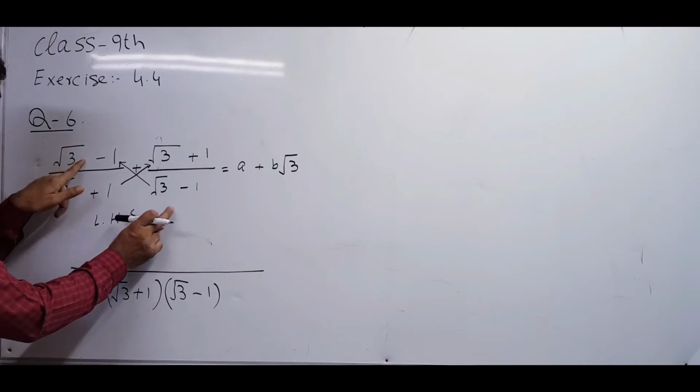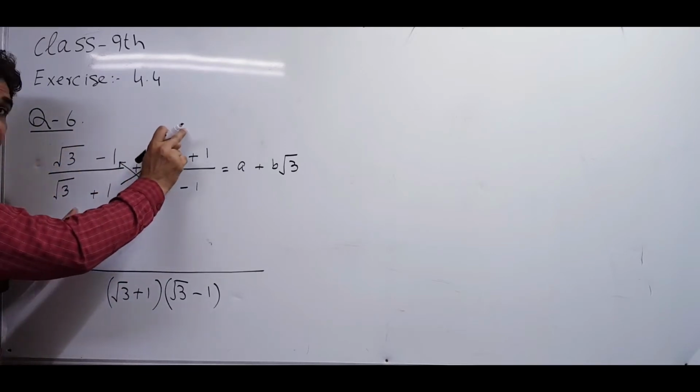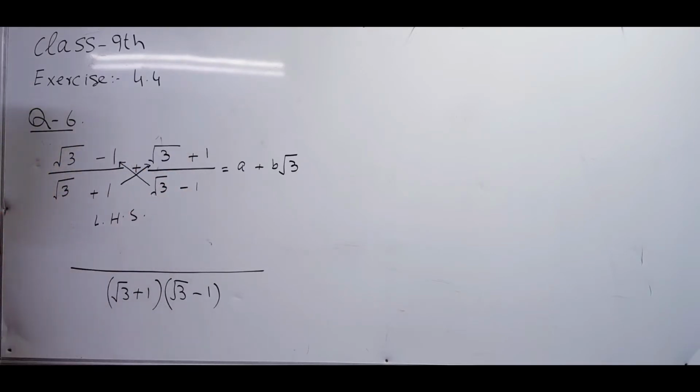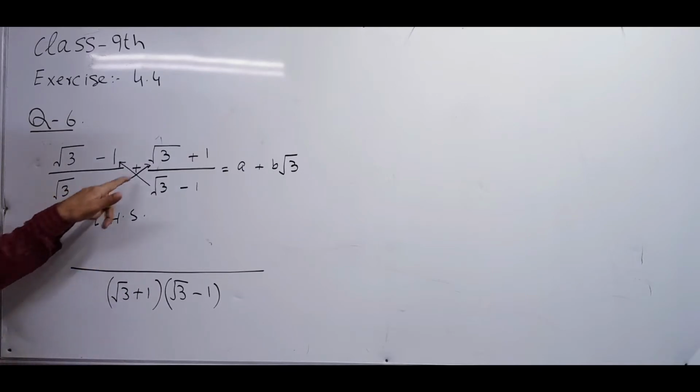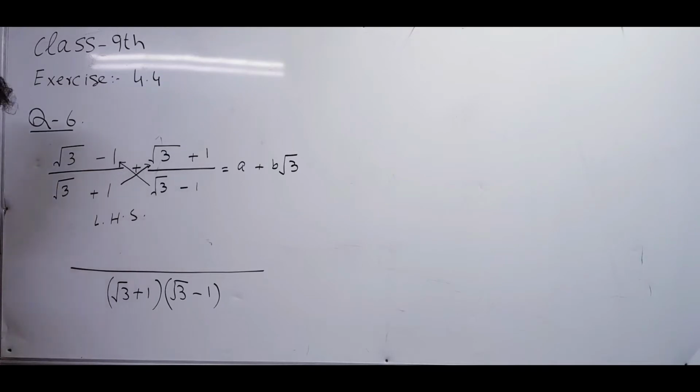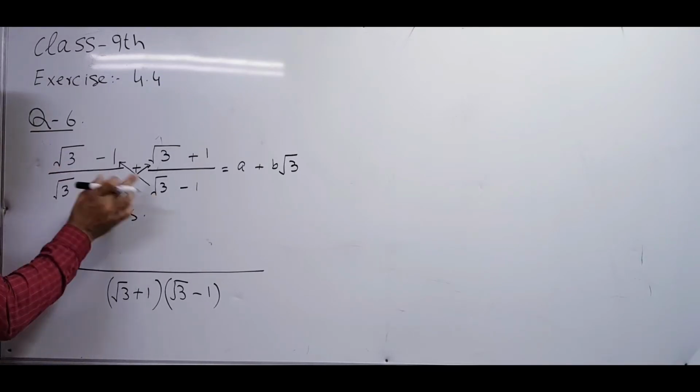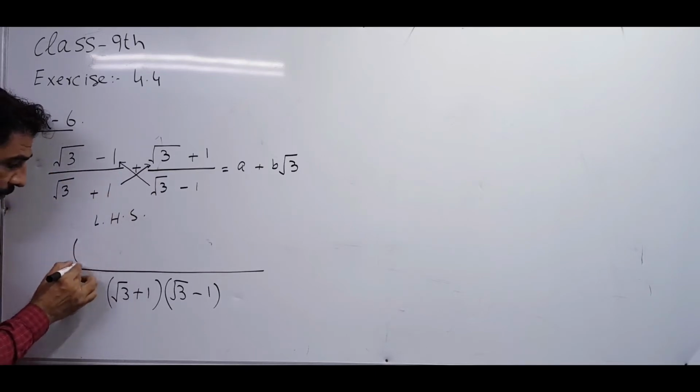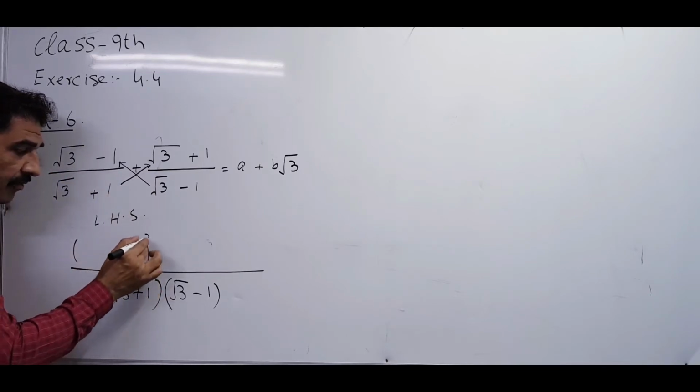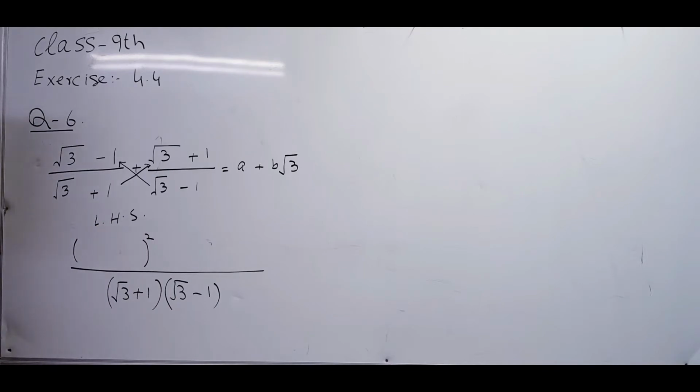First multiplication this, second this, third tail with tail. When you multiply each other, then both terms are the same, and if both terms are the same, then the power will become a square.